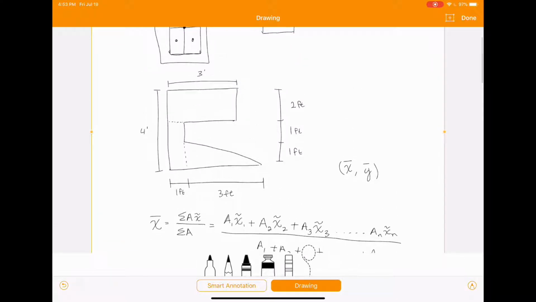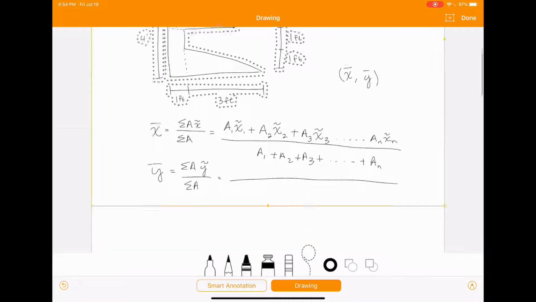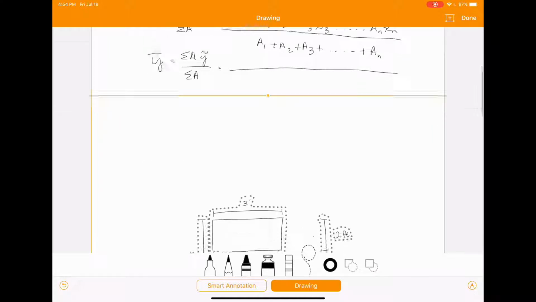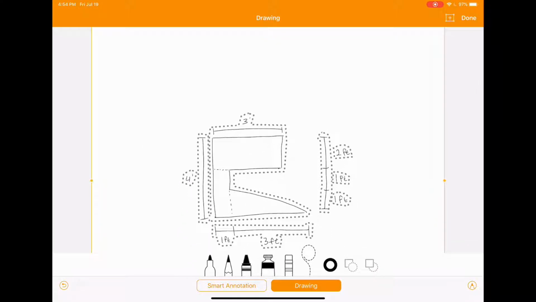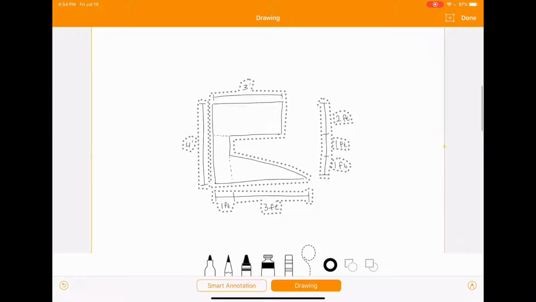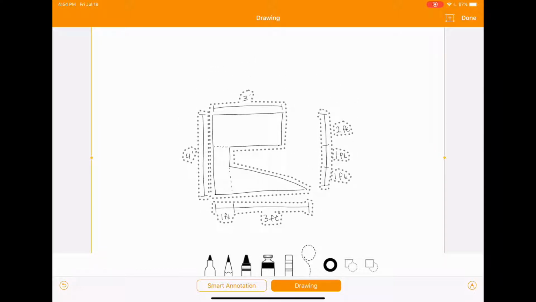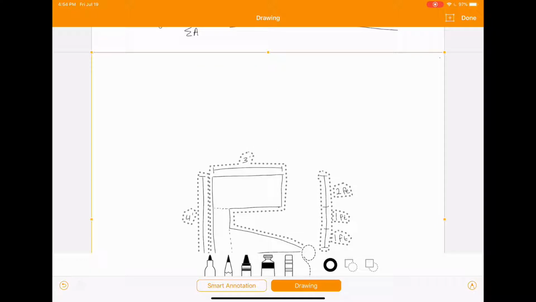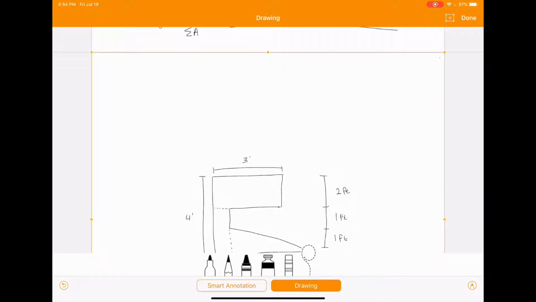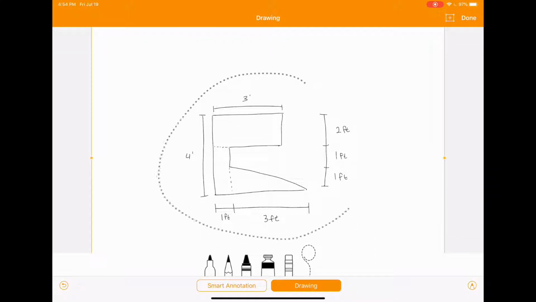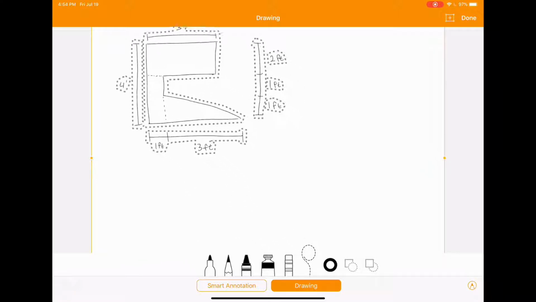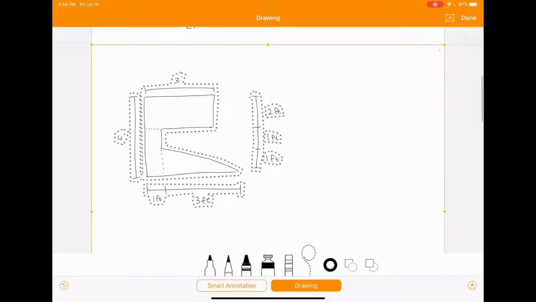So let's go ahead and copy this shape down below so we don't have to scroll. And we'll move that up in the corner here.